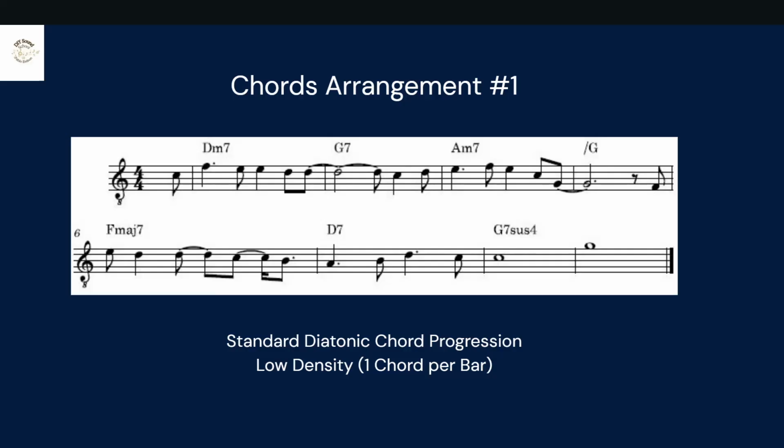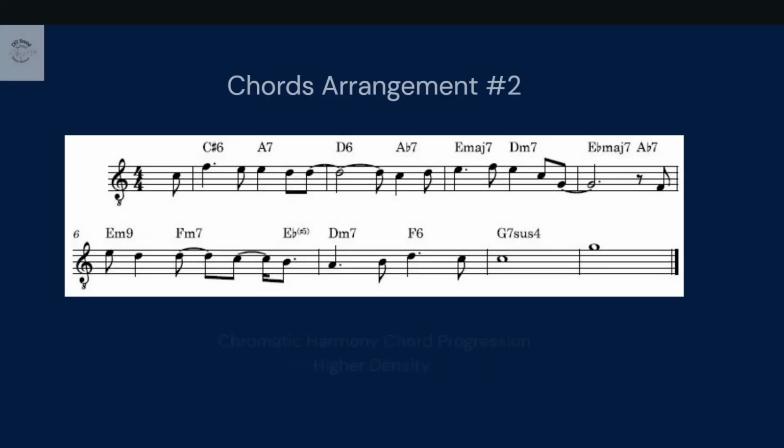The second one is a demonstration of how the same melody can be changed by using a denser chord progression and chromatic harmony. Let's hear that.